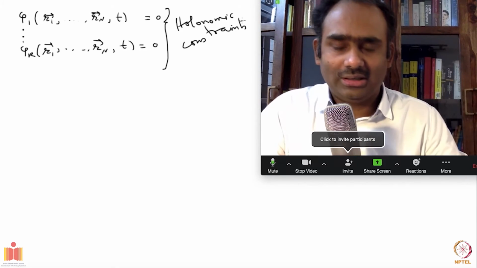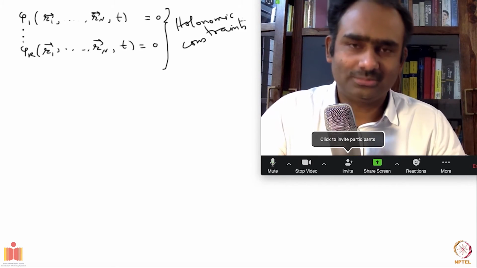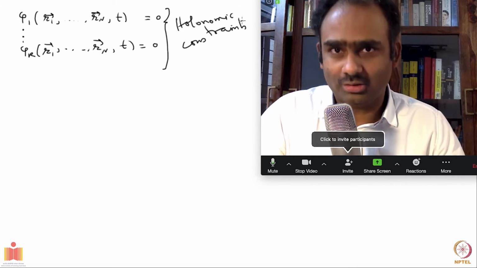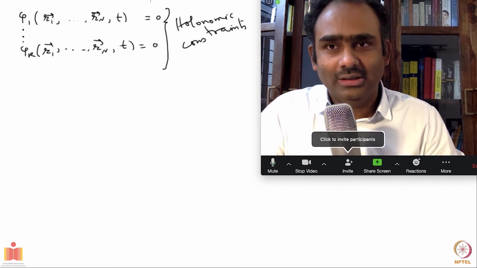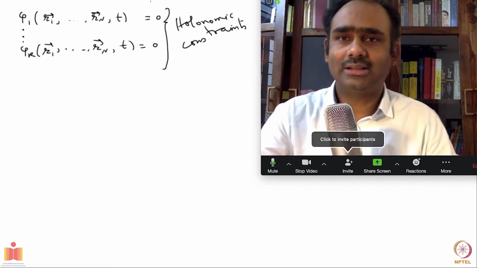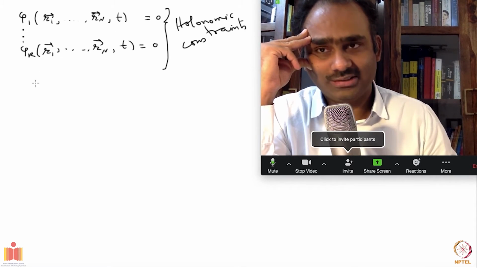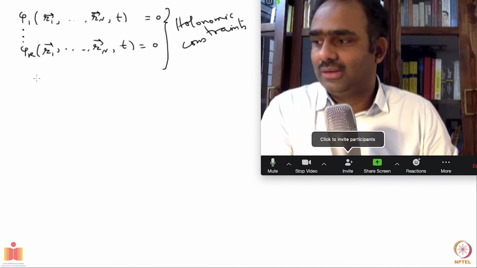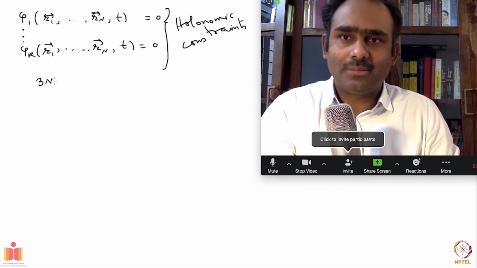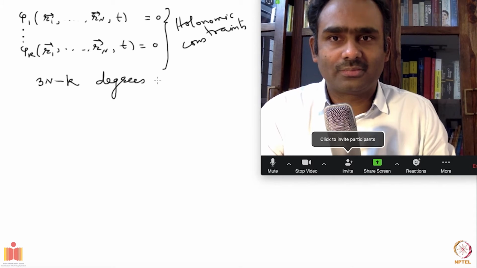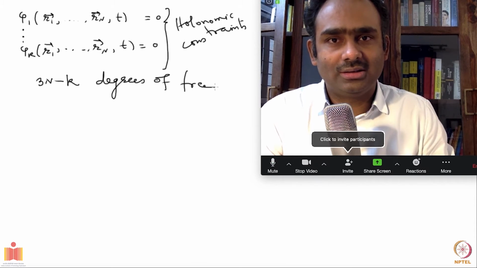Now I'll tell you a little more about what kind of constraints would be non-holonomic, at least one set. So let's say we are given these k number of constraints, which means that my system now has 3n minus k degrees of freedom, right?